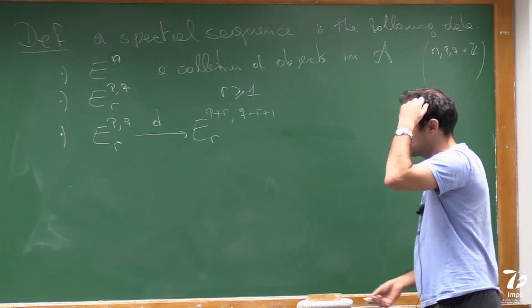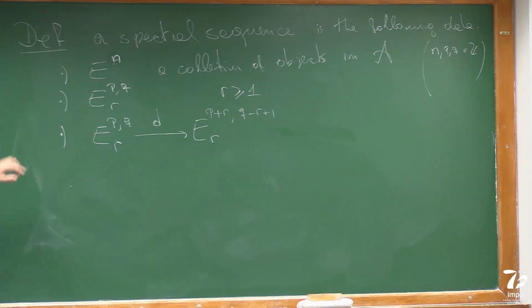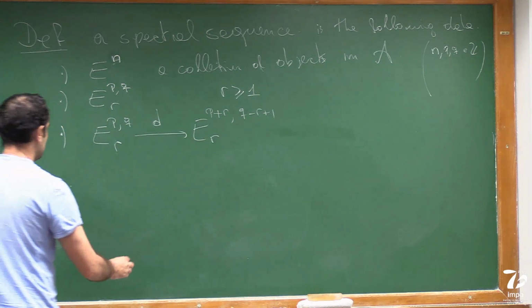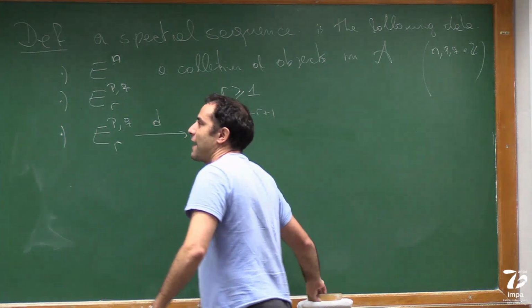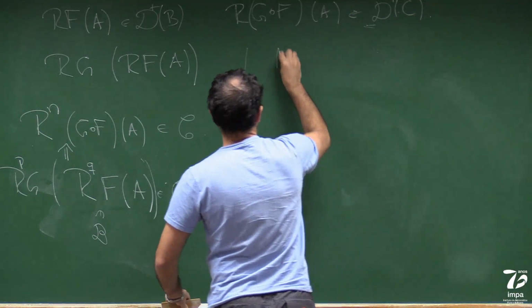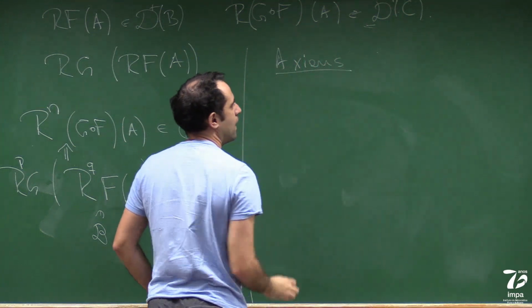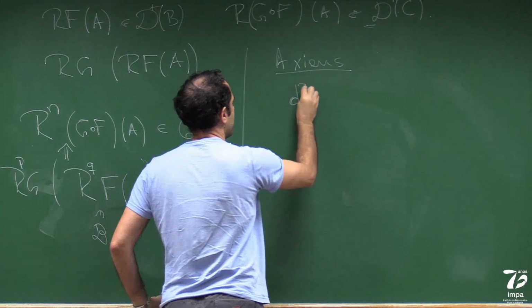So this is the data. Yeah, so I'm defining data. I'll continue with data in a second. But here's an axiom. So here I'll have the set of axioms. The axioms are such that d squares to 0.